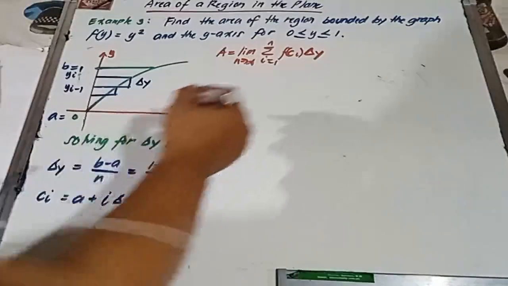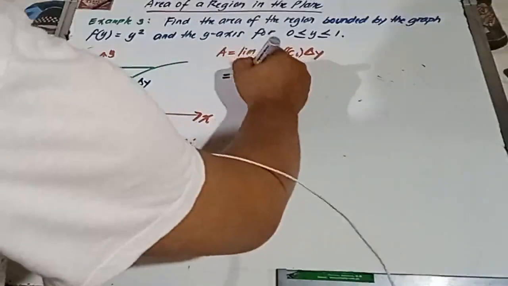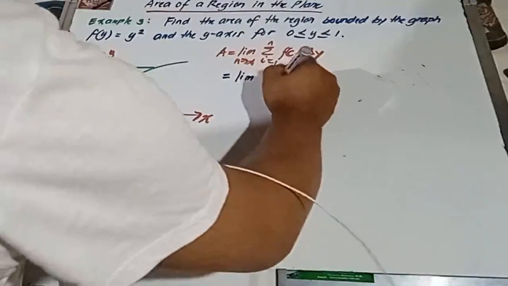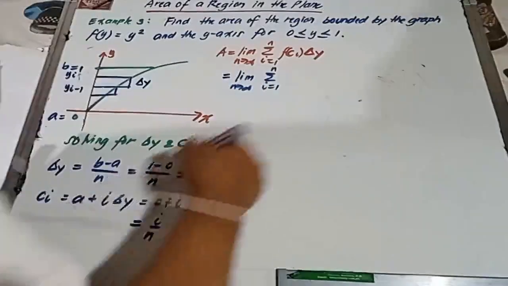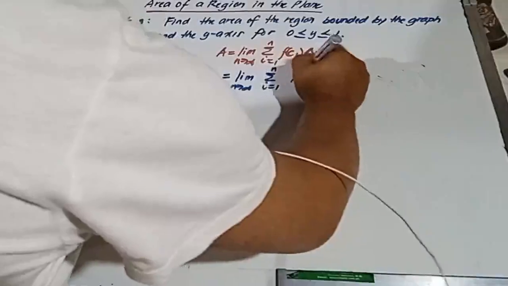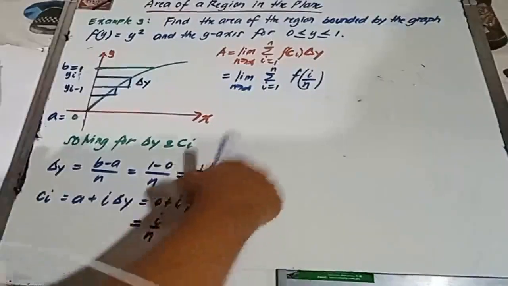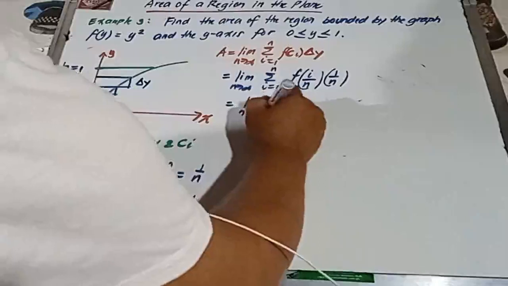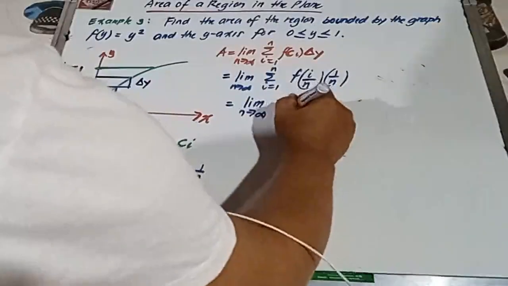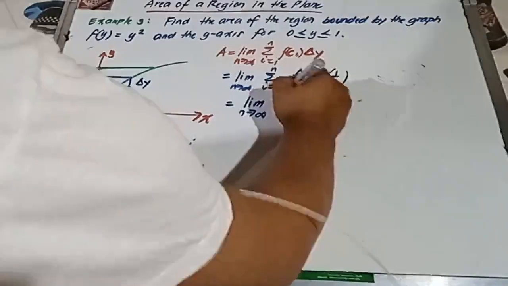Then, we substitute ng ating mga nakuhang values doon sa ating formula, limit summation of i equals 1 to n, n approaches infinity. C sub i is i over n, f of i over n, times delta y, which is 1 over n. Then, substitute natin yung ating i over n dun sa ating f of x, so f of y.